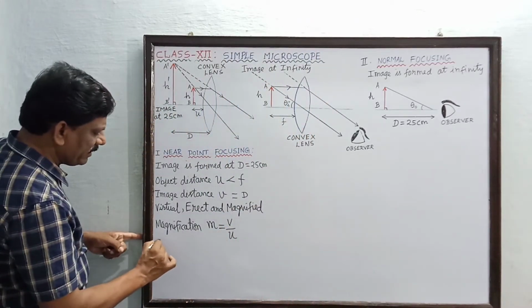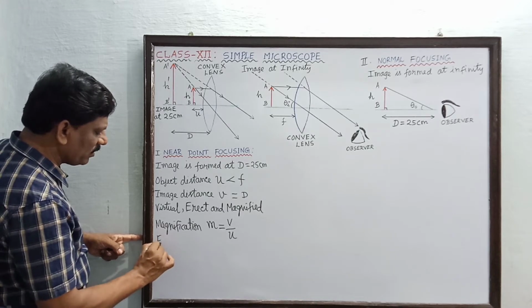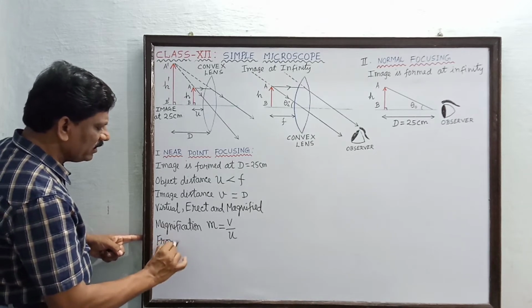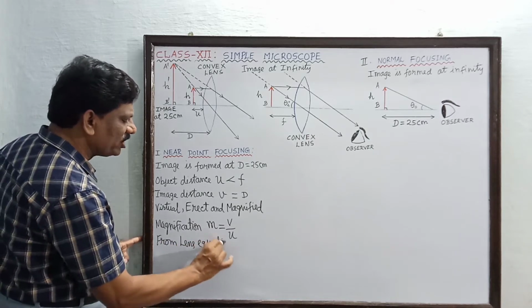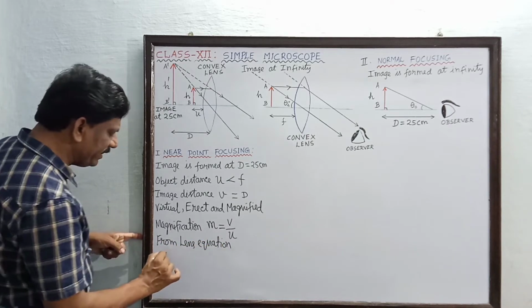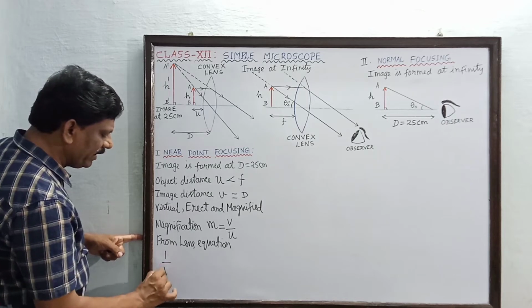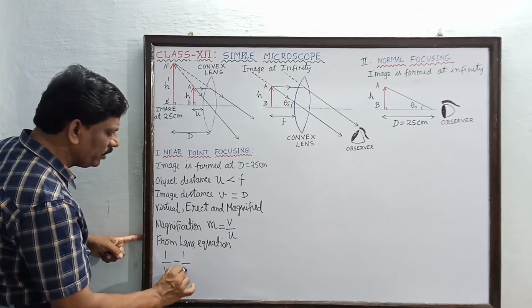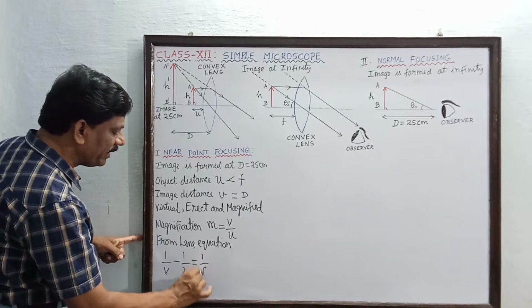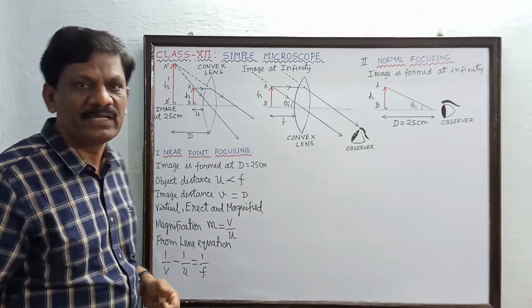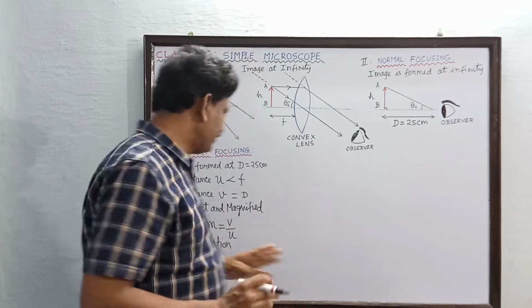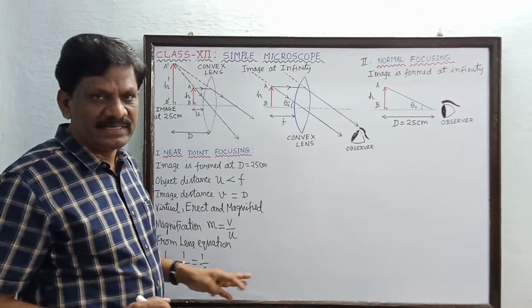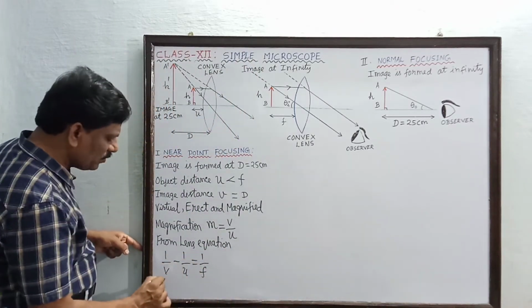Now I will take the lens equation. What is the relationship between u, v and f? 1 by v minus 1 by u is equal to 1 by f. I am going to divide the left hand side and the right hand side by small v.